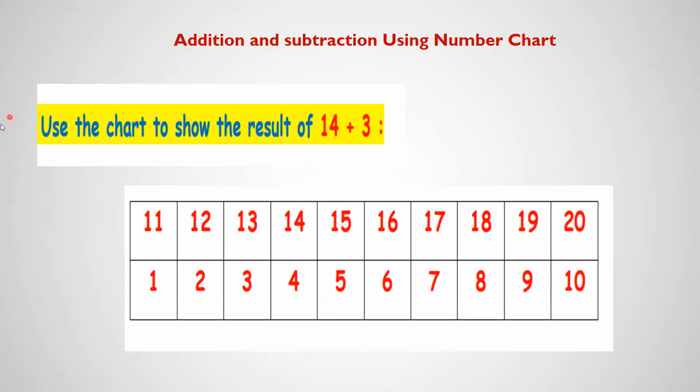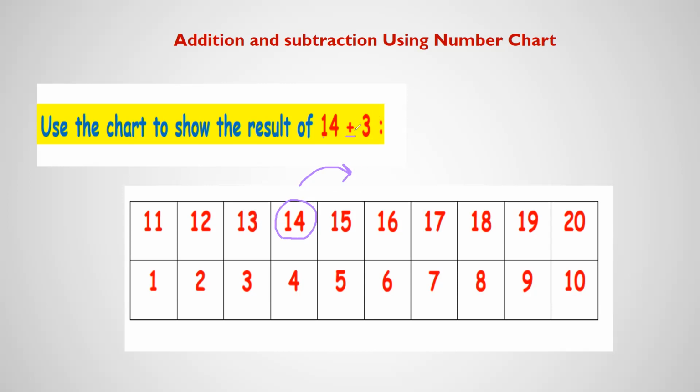We have 14 plus 3. So we are going to go and stop on number 14. So here is 14. And when you see plus, plus means you are going to move forward as you are moving after. So we are going to jump after 14.